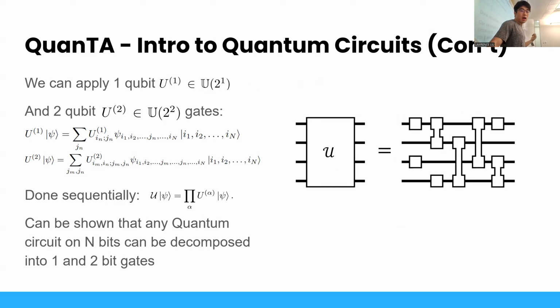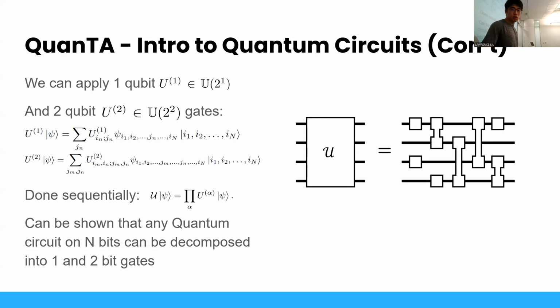And then there's a universal theorem in quantum computing, which is fairly important, that says that any quantum circuit can be decomposed into 1 and 2-bit gates, where a 1-bit gate operates on one single qubit, and a 2-bit gate operates on 2 qubits. So you can do this sequentially, and it can be shown that this can be decomposed into 1 and 2-bit gates.